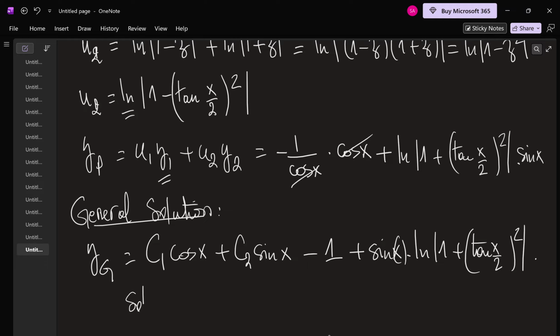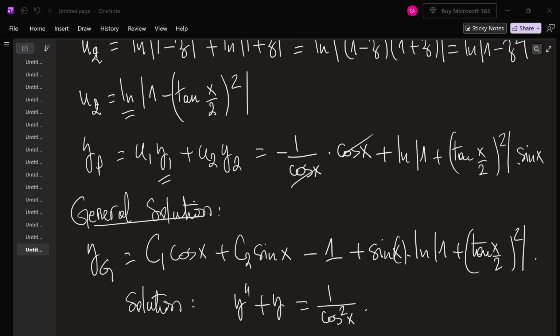So this is the solution to the equation y double prime minus y plus y is equal to 1 over cos squared x. Okay, so I think that is it.